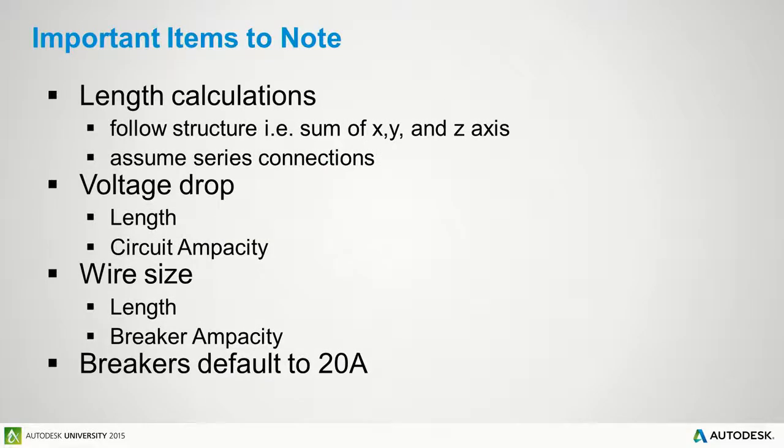So some items to note. We've kind of touched on these, but I just want to reiterate them because they are very important for electrical modeling in Revit. One, the length calculations. They do follow structure loosely, not meaning Revit does not understand where the beams are and where all the columns are, but Revit does understand I have to go up and then over and make 90-degree bends, etc. So it's not going to be following the structural model.